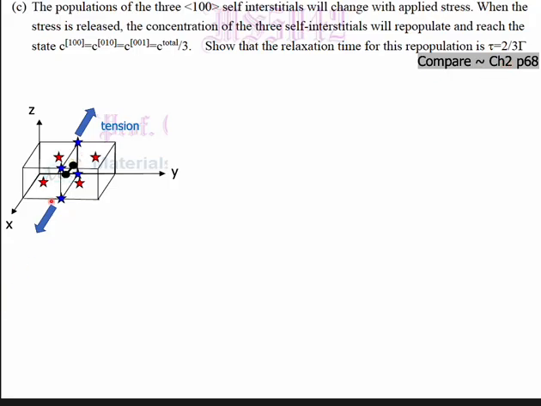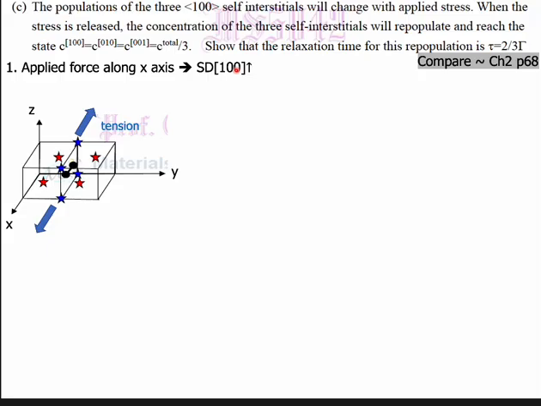It tells you that when you apply a tension stress along 100, the other directions will feel like a compressive region. So the interstitials in the compressive region will move to somewhere in the tension region, which means the concentration of the split dumbbell along 100 will increase.